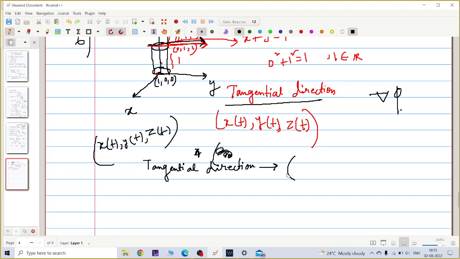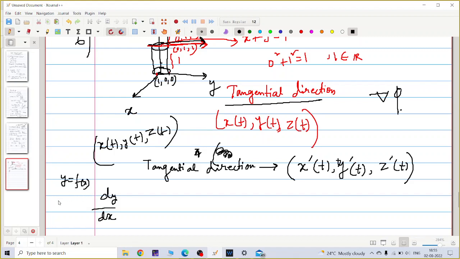Tangential direction is nothing but the derivative with respect to the parameter: x dash t, y dash t, z dash t. This is called the tangential direction. You know that dy/dx represents the tangent to a curve, suppose y equals f of x.